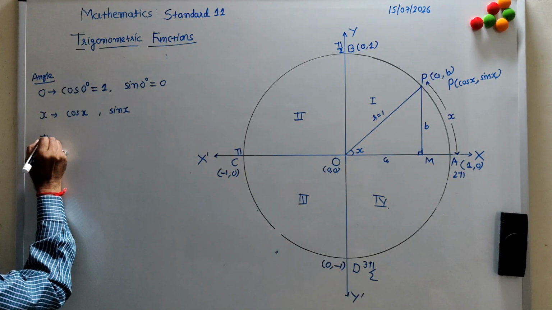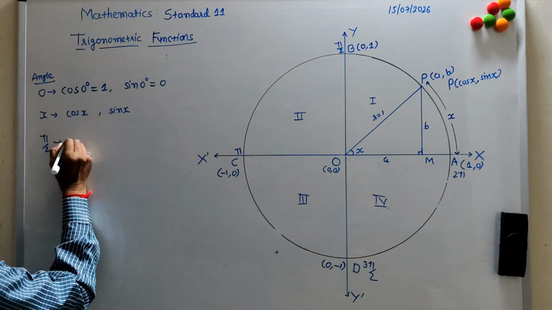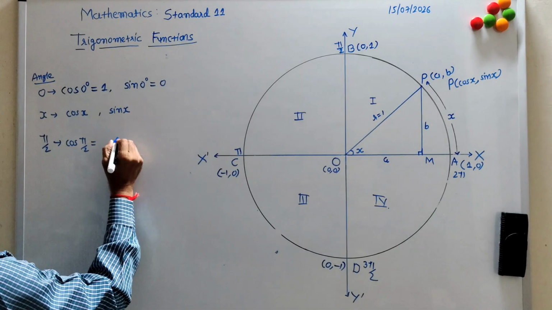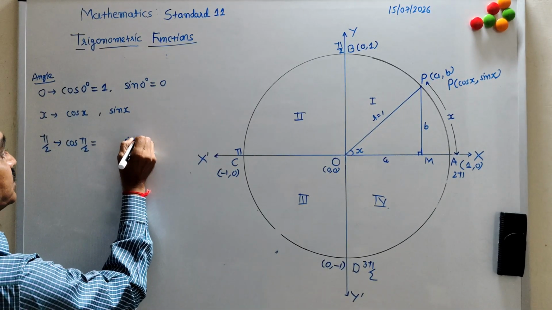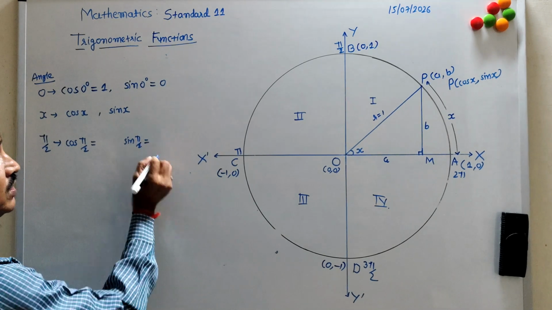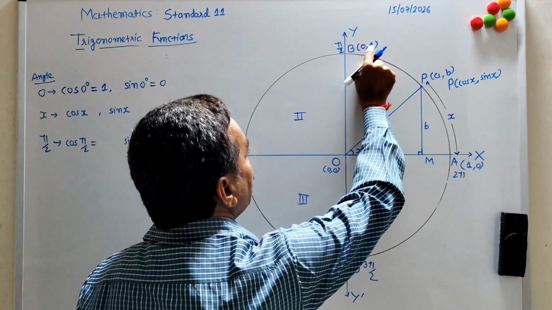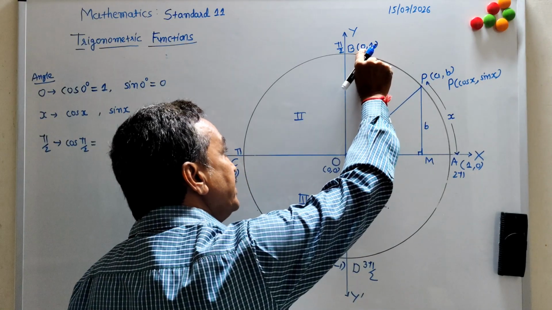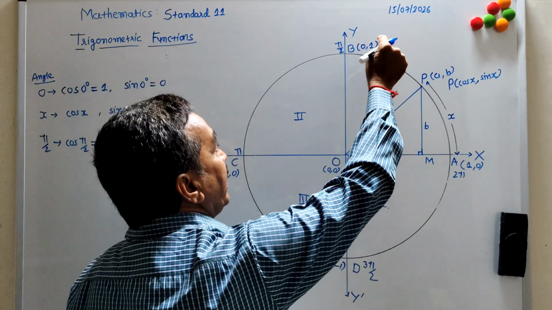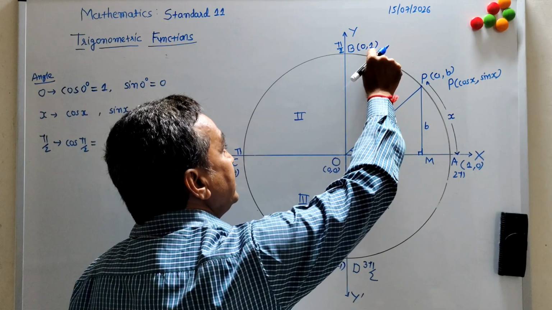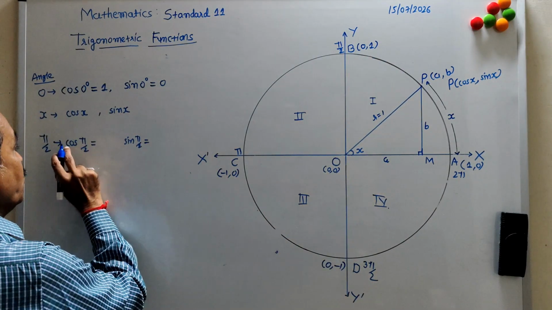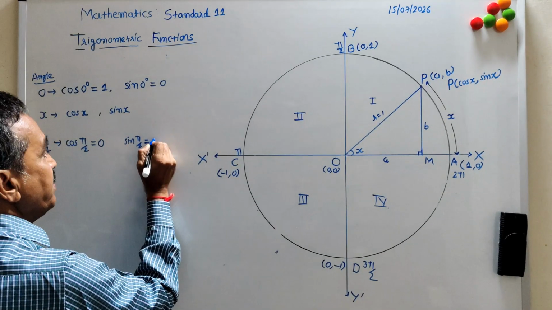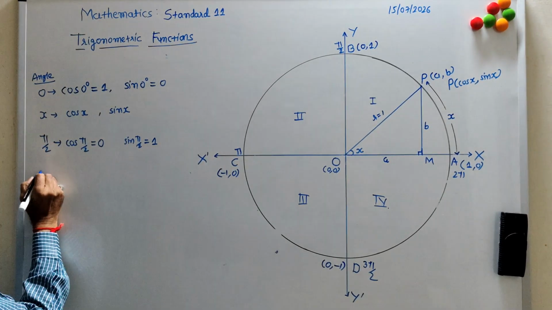Now for pi by 2, cos pi by 2 and sin pi by 2. So cos pi by 2 is 0 and sin pi by 2 is 1, because the first coordinate, the x coordinate, is cos and the second coordinate is y.